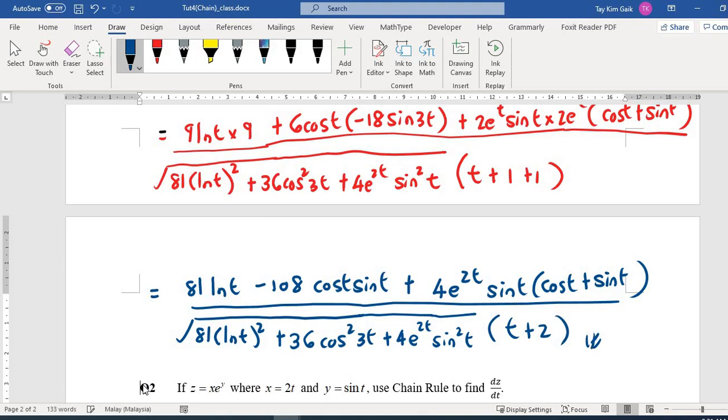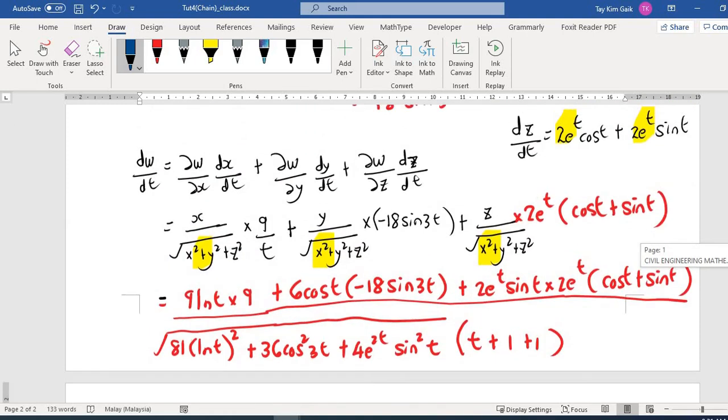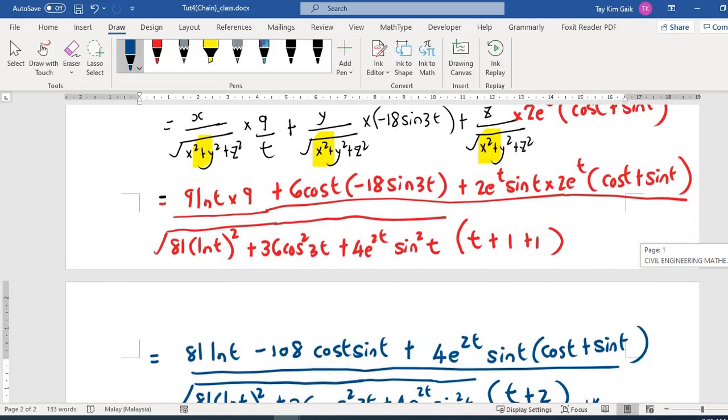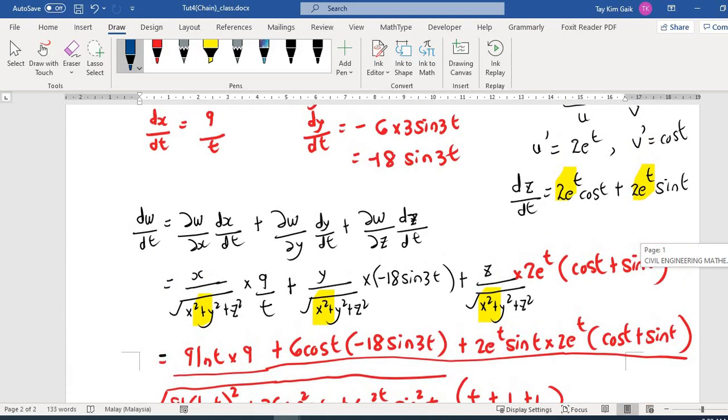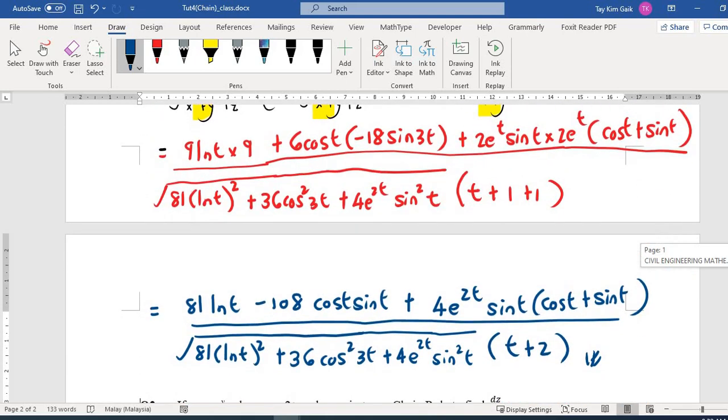Okay, this one is everything in terms of the parameter t. So, question 1, any questions here?